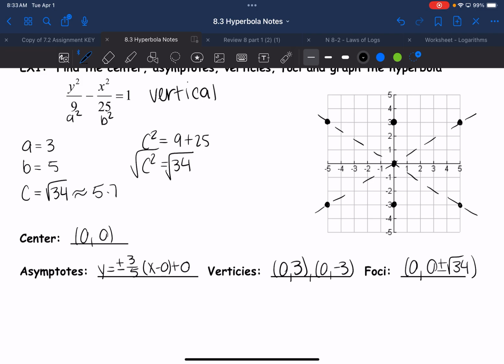So I'm going to go a little bit more than 5 up and a little bit more than 5 down and plot those points there. And then I'll just draw my hyperbolas. So remember, you won't actually touch the foci, so it just looks something like this.